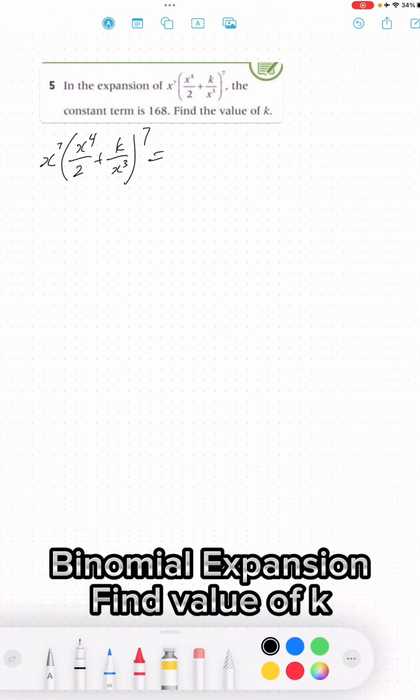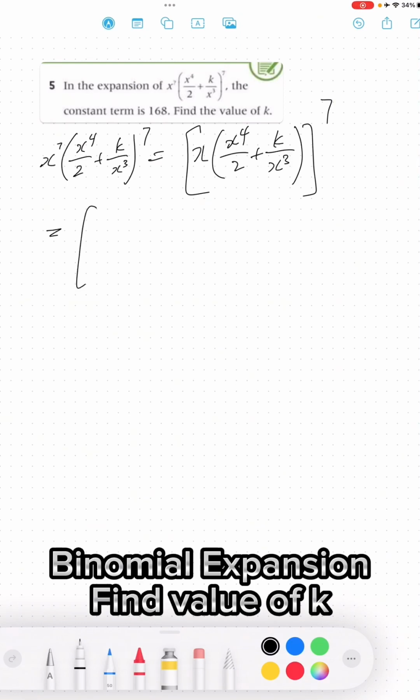We can rewrite this as x times (x to the power of 4 over 2 plus k over x cubed), all to the power of 7, and we can expand the middle. That simply gives us (x to the power of 5 over 2 plus k over x squared) to the power of 7. Now notice that in the binomial expansion it is n choose r, a to the power of n minus r, b to the power of r.